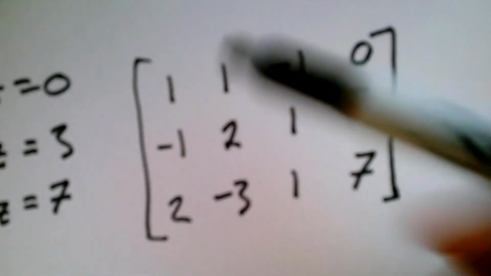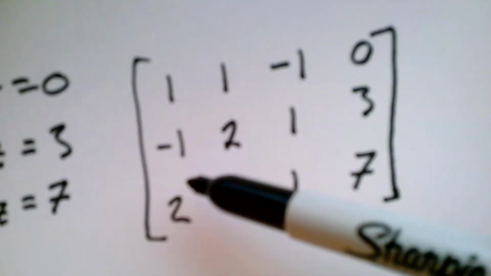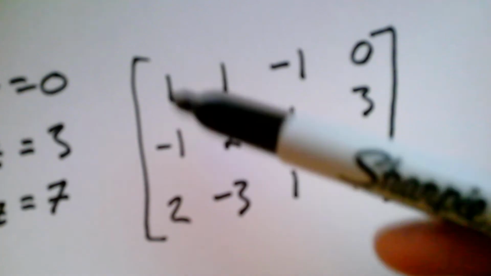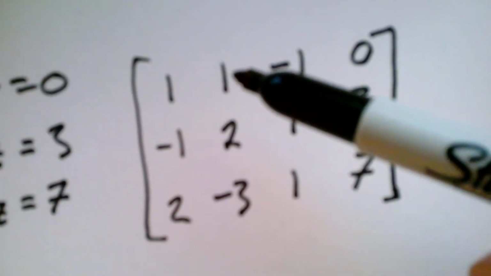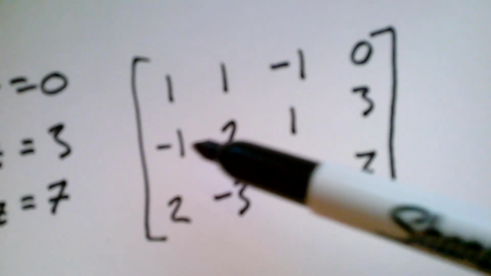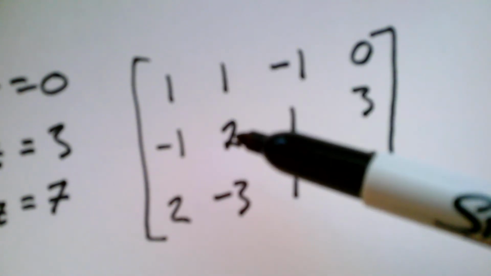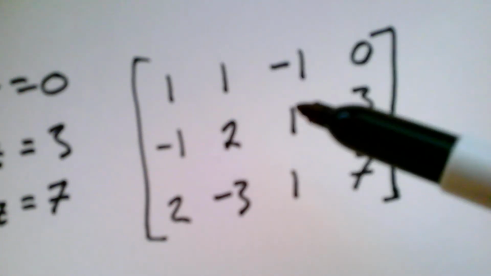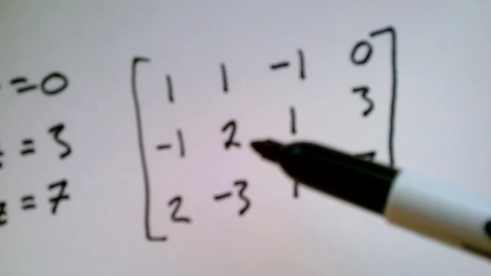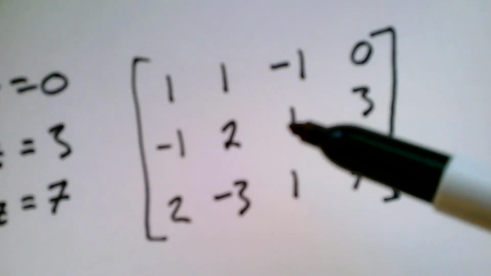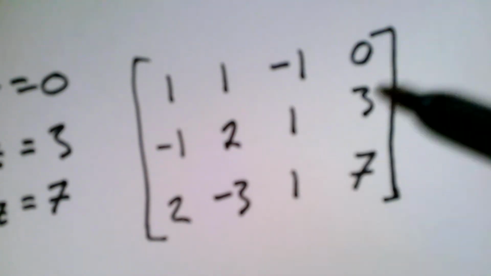So if I add the first row to the second row, I'm going to get a 0 here because 1 minus 1 is 0. And then I add these together, so I'll get a 0 there, and I'll get a 3 here, and I'll get a 3 here, because 1 plus 2 is 3, negative 1 plus 1 is 0, and 0 plus 3 is 3.